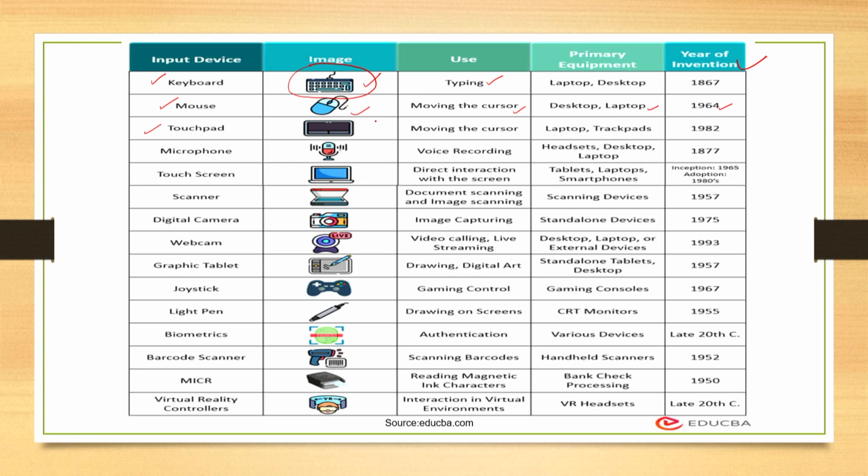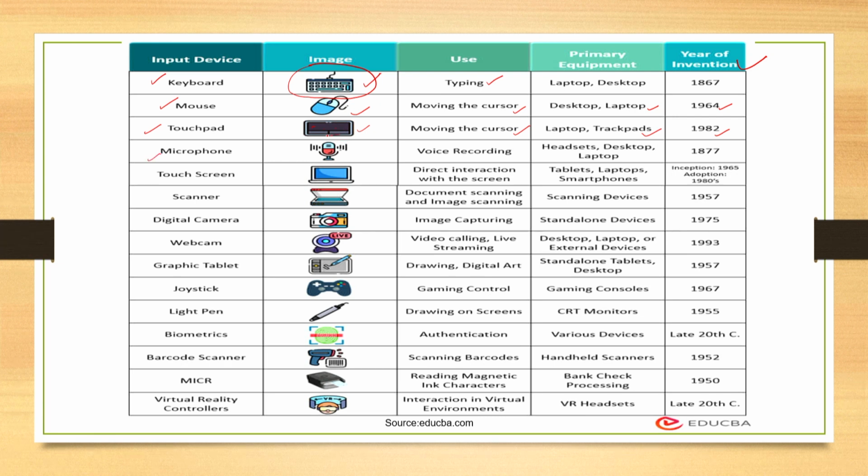Then the touchpad, it is a panel, it is a screen. Here I can touch anywhere on it and that impression gets printed on the screen. It is used for moving the cursor and is equipped in laptop trackpads, and it was invented in 1982.